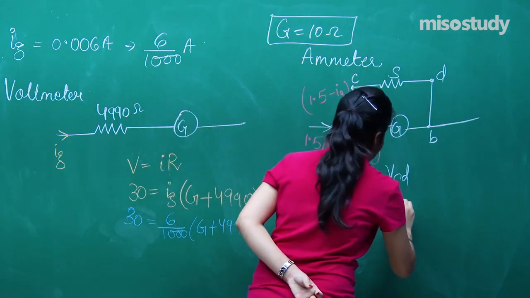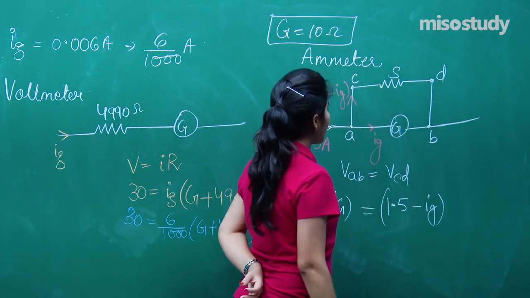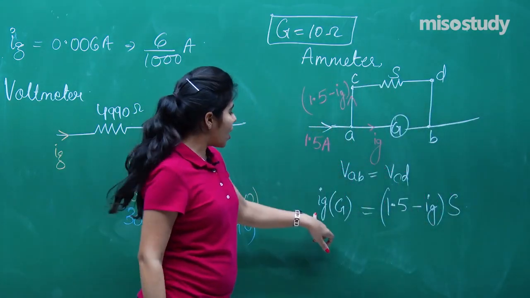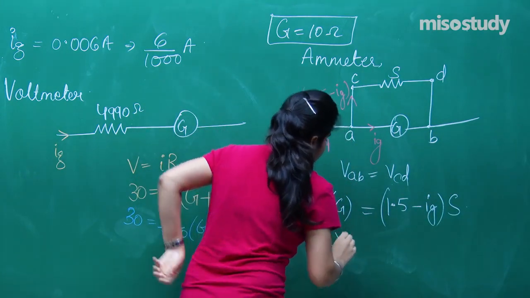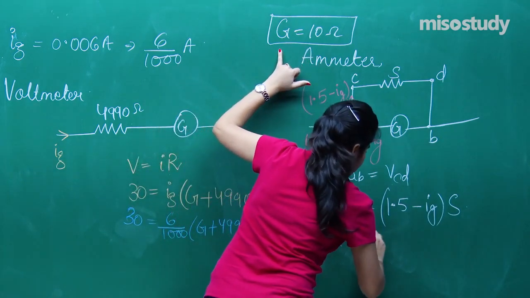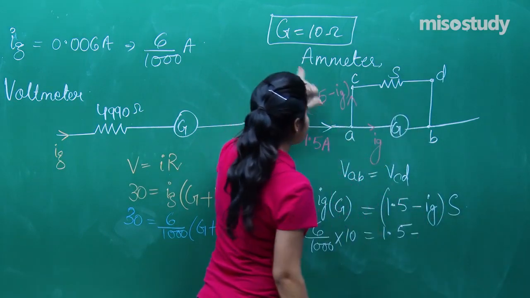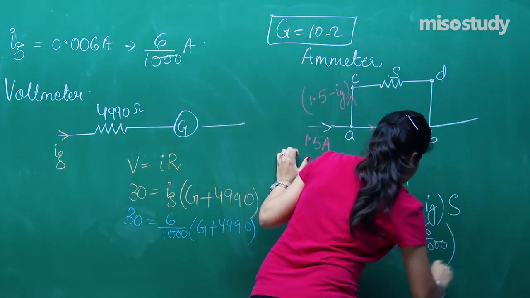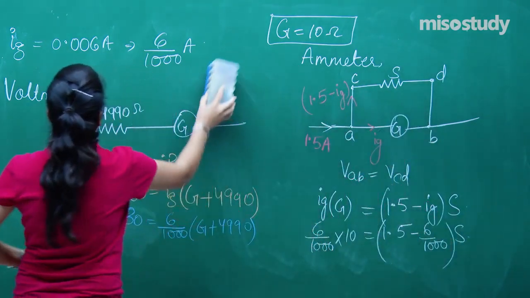VCD will be 1.5 minus Ig into S, the shunt, right. Now Ig is 6 by 1000 into G, we know the value of G is 10, equals 1.5 minus Ig, Ig again 6 by 1000, divided into S. Now we can solve this easily.